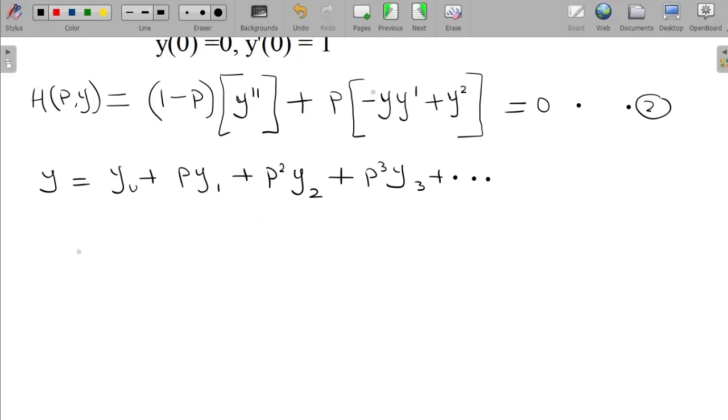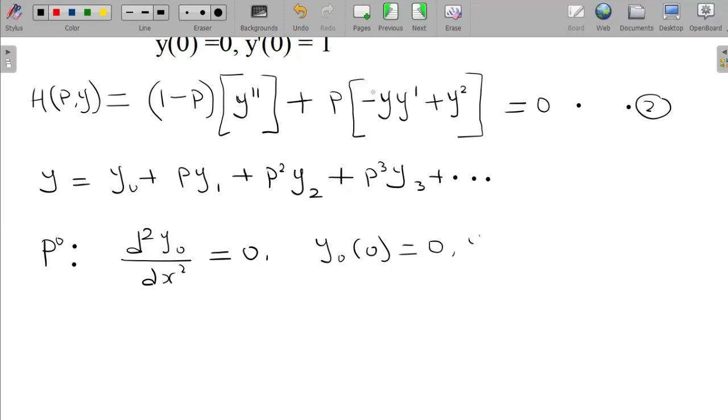So for p⁰, we have d²y0/dx² equal to 0, with the initial conditions y0(0) = 0 and y0'(0) = 1.